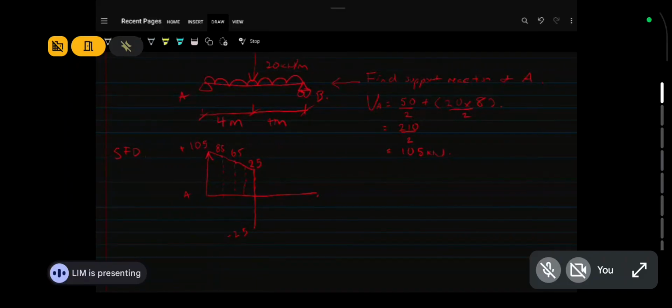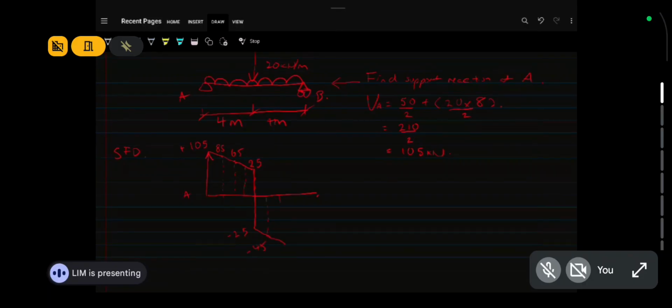What happens after that? We still continue losing 20 kilonewton. If we keep going, we still keep losing 20 kilonewton. So I go 1 meter, I still lose another 20, so negative 45.